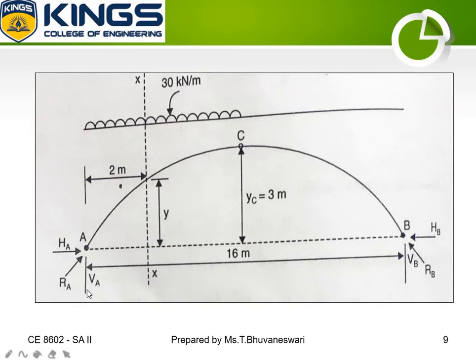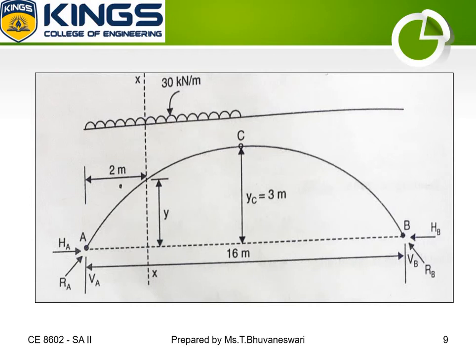Here VA represents the vertical reaction at support A and VB represents the vertical reaction at support B. H is the horizontal force, and RA and RB are nothing but the resultant reactions at the supports A and B. And then as mentioned in the problem, the UDL acts on the left half of the span. So the intensity of the uniformly distributed load is 30 kN per meter.